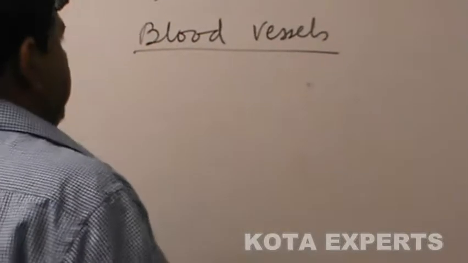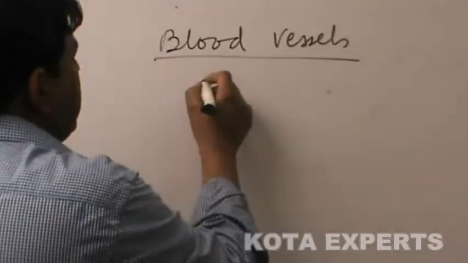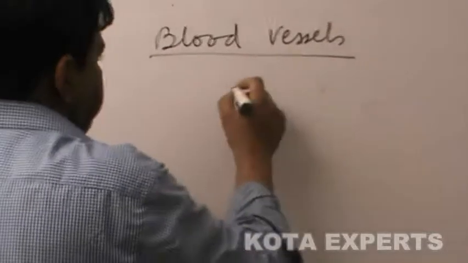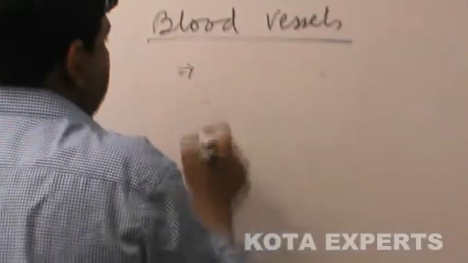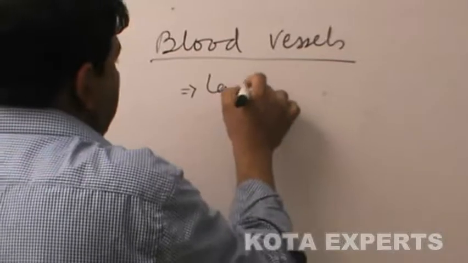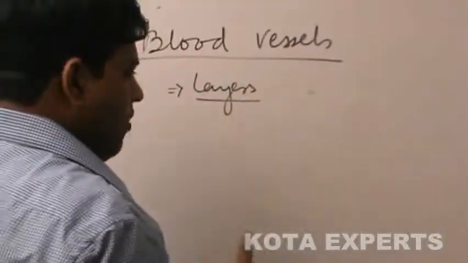Now blood vessels, arteries and veins, the layers found in arteries and veins.